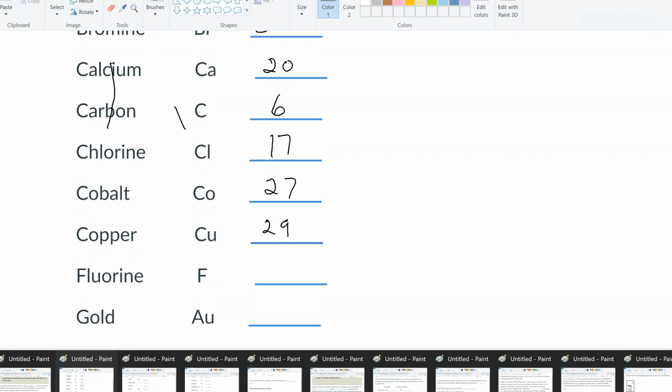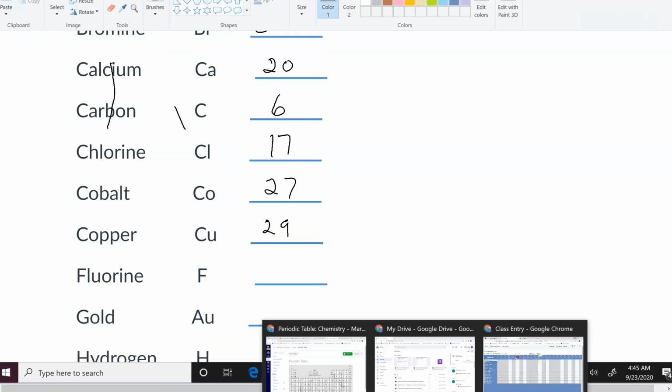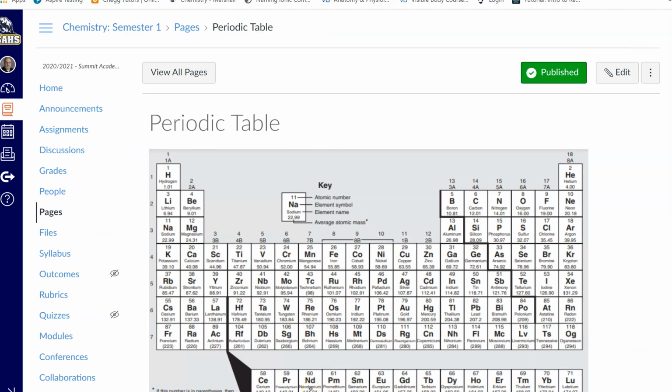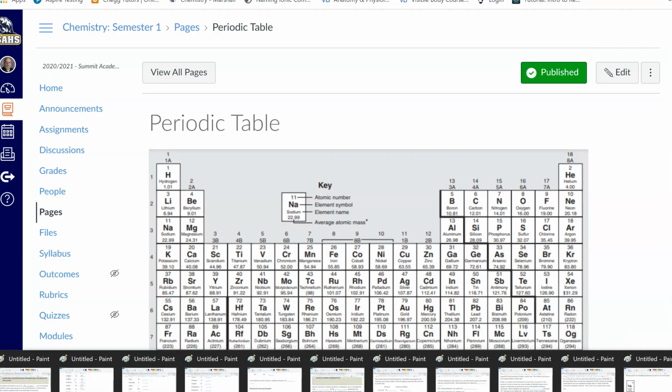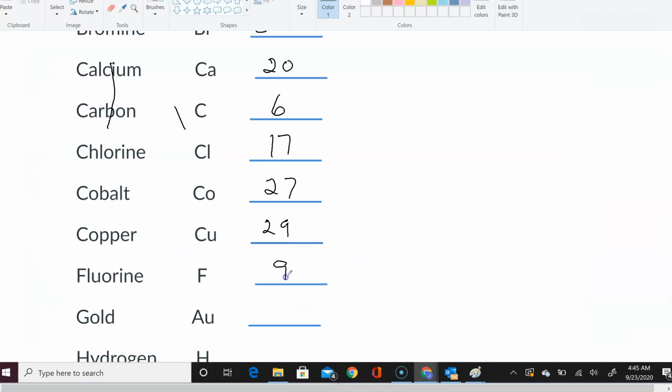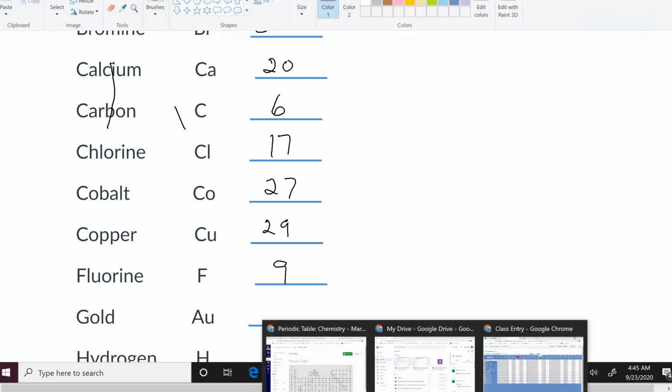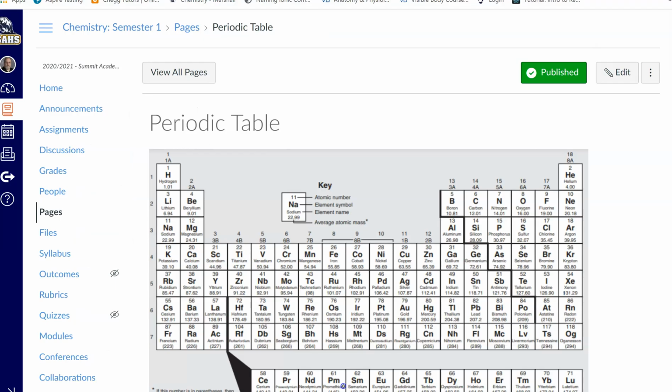And then after copper is fluorine. Fluorine is going to be number 9 over here. And then we're going to find gold. Gold is going to be number 79 right here.